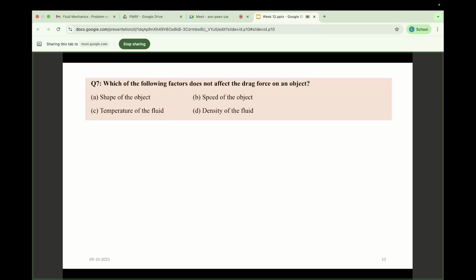You can easily answer this from the formula of drag force. If you recall this formula, you will easily answer this one. I am giving you 1 minute.